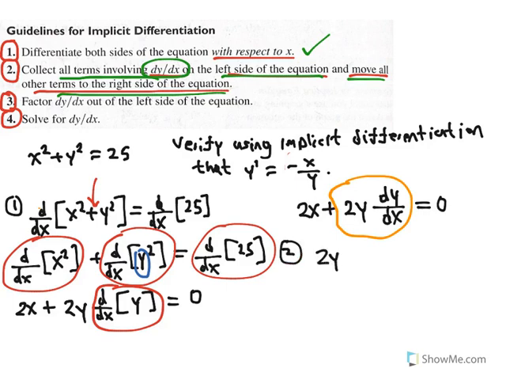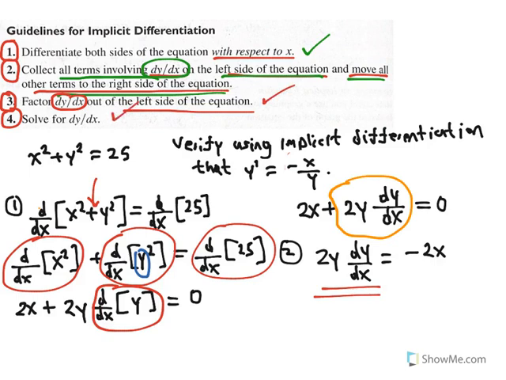So step 2, I have 2y times dy dx is equal to 0 minus 2x, which is negative 2x. Step 3, factor dy dx out of the left side of the equation. Well, I only have one term, so there's nothing for me to do for step 3 here. And then finally, step 4, solve for dy dx.